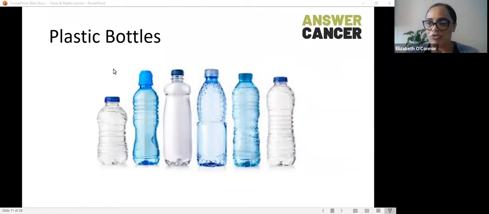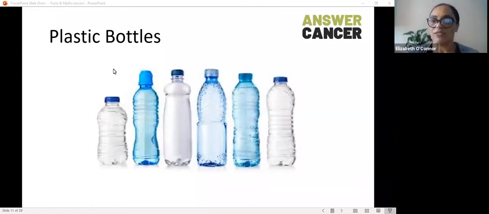You need extreme heat for chemicals to leak into something. So just the hot sun through your car window wouldn't do it. Some people think that the chemicals that are found in plastics, chemicals like bisphenol A, or BPA, can get into our food or drink and then cause cancer.